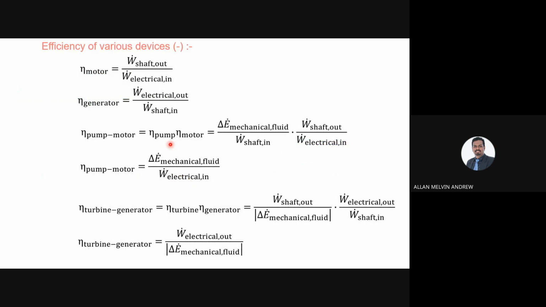We can also have other things, like motor and generator. So we have pump and motor, where you have two efficiencies multiplied together. You need to calculate separately and then combine them, or you can use this formula directly. The same for turbine and generator: you can calculate each and combine, or use the formula directly.